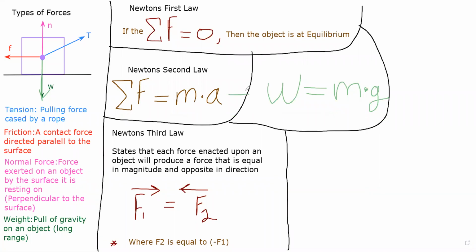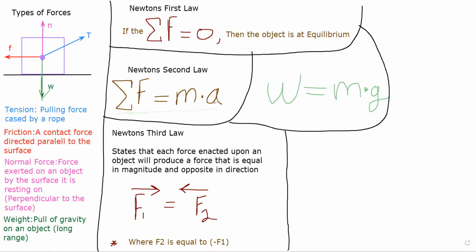Those two equations are essentially the same. It's just that this weight equation is more specific when it's talking about the downward force of an object. It'll always have to account for weight, while this works for tension if you have an acceleration. It works for friction or any horizontal force if you have an acceleration. It works for all of those.